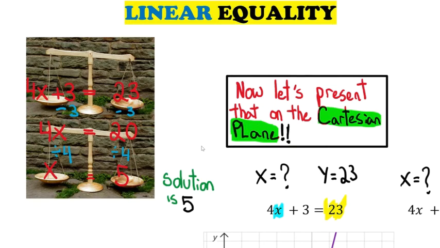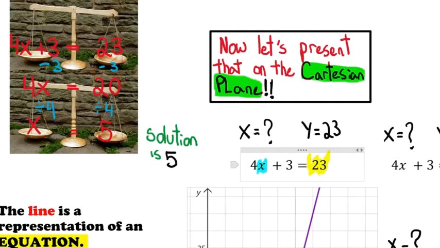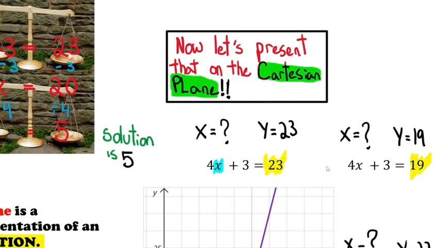So now let's think about this on the Cartesian plane. You will notice that the equal symbol signifies that when an x value is something, the y value must be something else. Observe. So in that example that we just saw, when we have 23, we know that y is 23, but we don't know what x is.